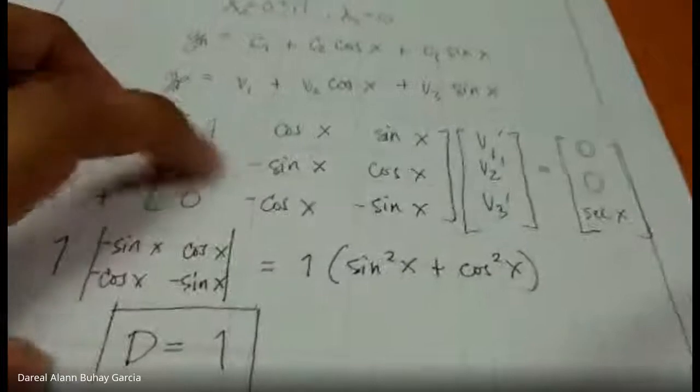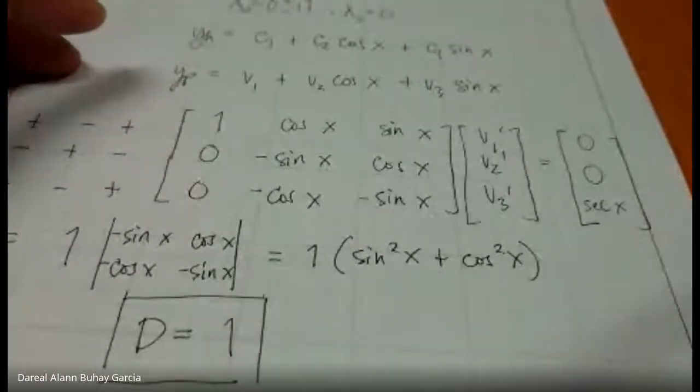So of course, katugyapon nga column atong pilion. So, kung isulat ha, we replace the first column by the right-hand side column: 0, 0, secant x. And copy everything else.